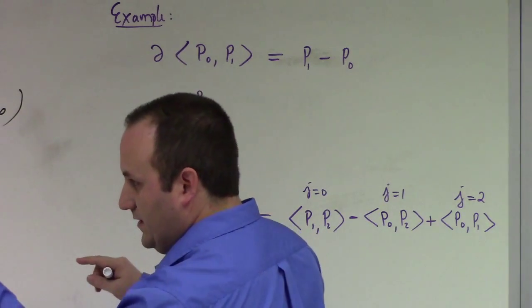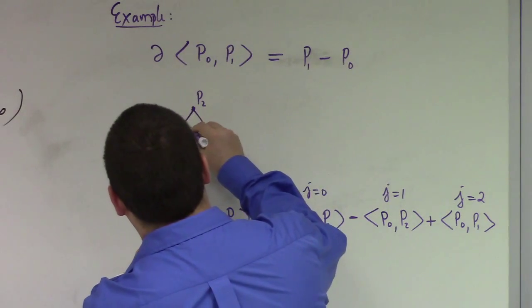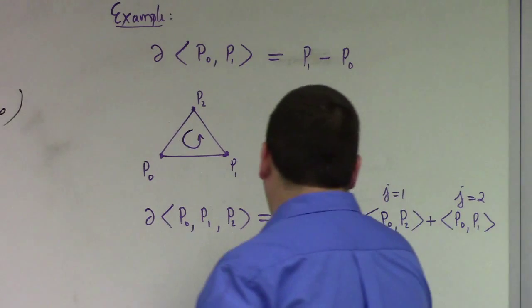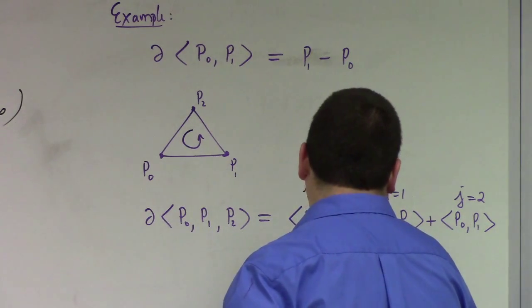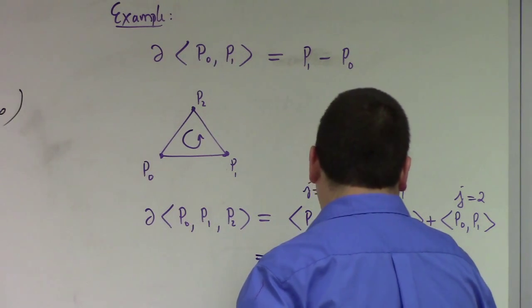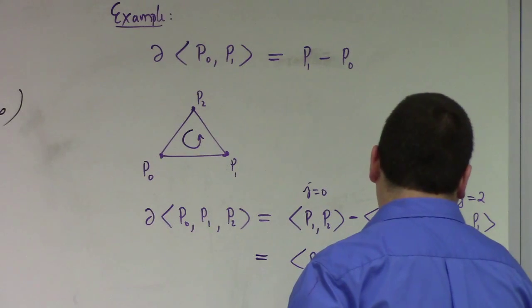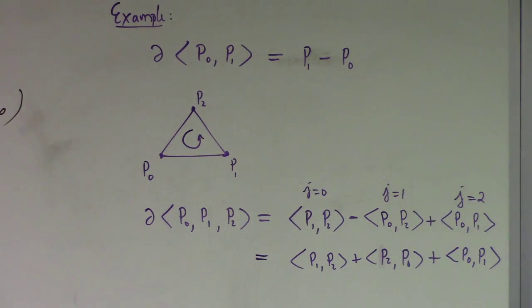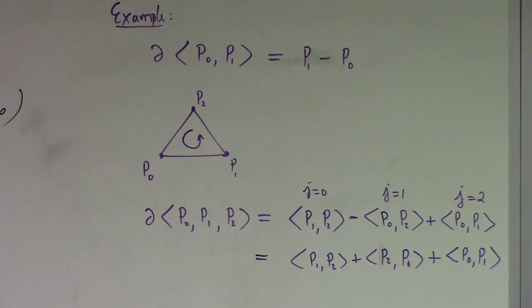Now, my arrow would be what? I said P0, P1, so it's like I draw an arrow like this, right? But if you pay attention, this is P1P2 plus P2P0, plus P0P1, where I got rid of the minus by reorienting.